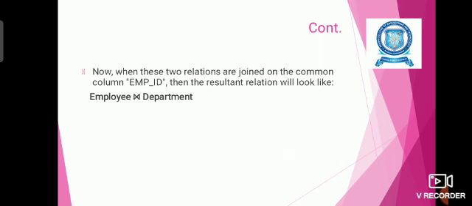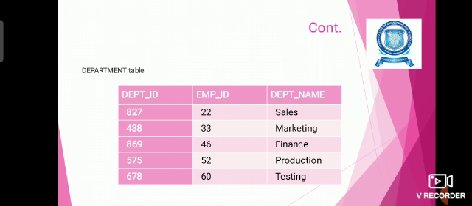Now when these two relations are joined on the common column employee ID, let us see what the resultant relation looks like. After decomposing into two different tables, we join the two decomposed tables to see whether we get the original table, or whether we are losing any information.